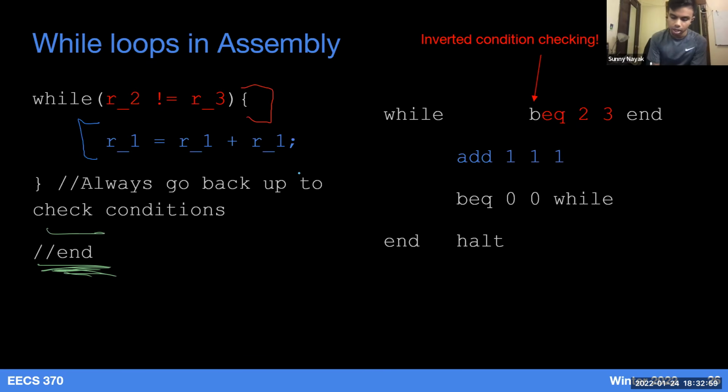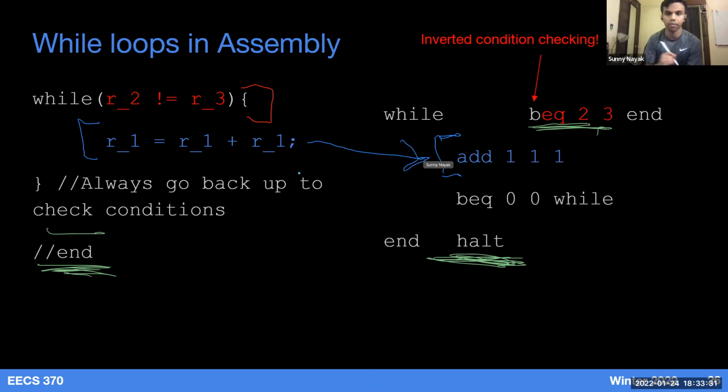So what we can do here with the branching instruction is compare the values inside registers 2 and 3, and only when they're equal to each other, we will jump to the green code. So we'll jump down to this part. However, in the middle here, if that condition does not evaluate to true, we will then continue to execute the next line, which is found here. So this is the literal translation of that.